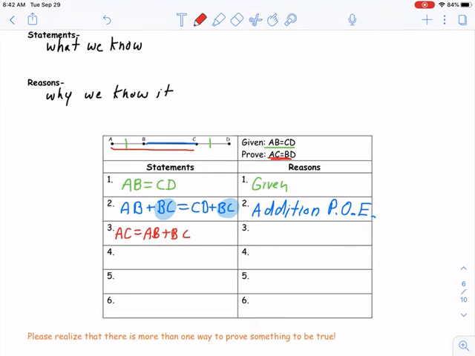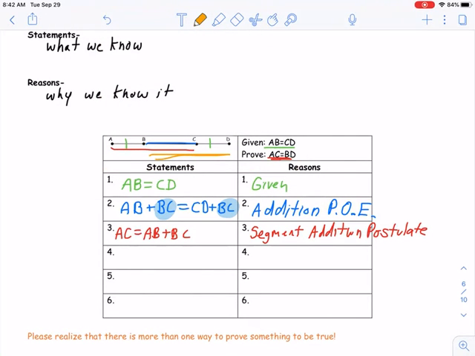And now it's segment addition postulate. Similarly, I can do it for BD.